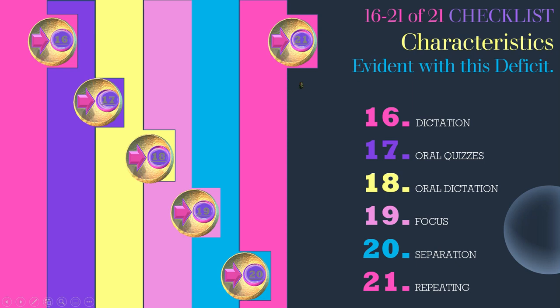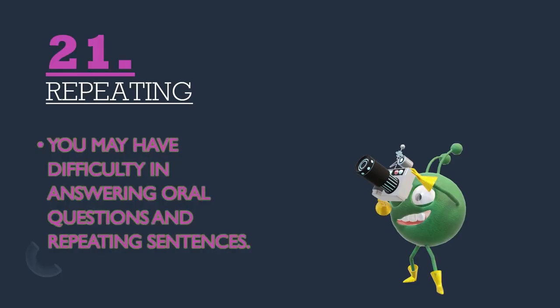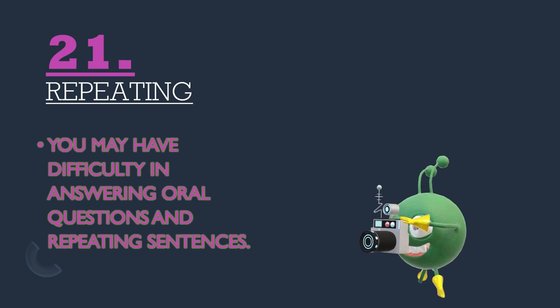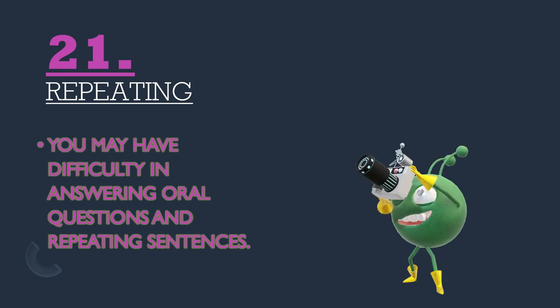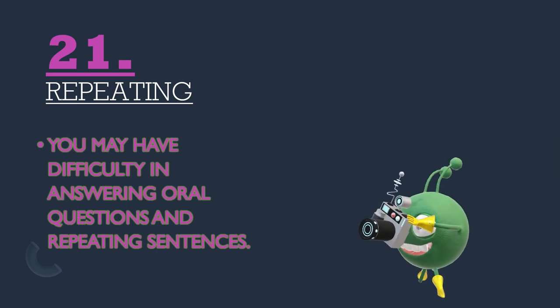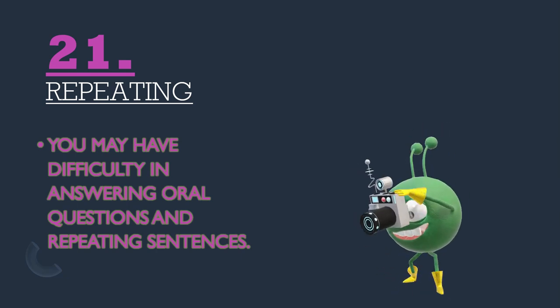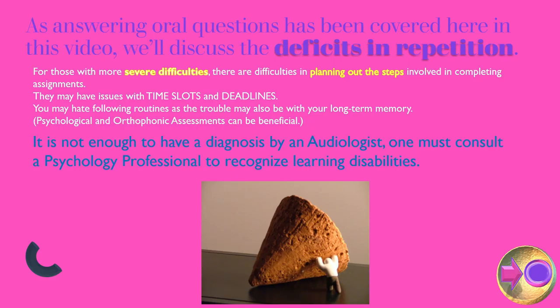And finally, we are on to number 21. Number 21, repeating. You may have difficulty in answering oral questions and repeating sentences. As answering oral questions have been covered here in this video, we'll discuss the deficits in repetition.